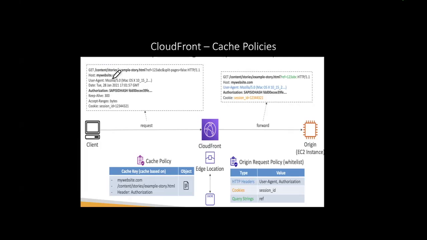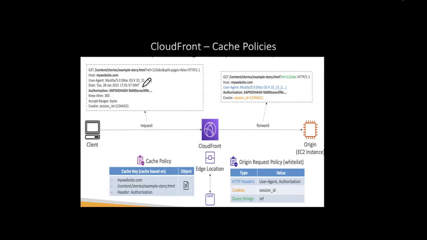So what the origin request policy relates to is how much of this detail in the request has to be forwarded on to the origin if we do need to contact the origin. And that's what you indicate in your origin request policy associated with your CloudFront distribution.